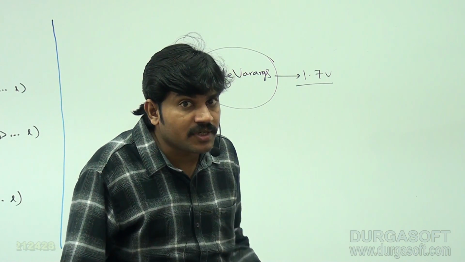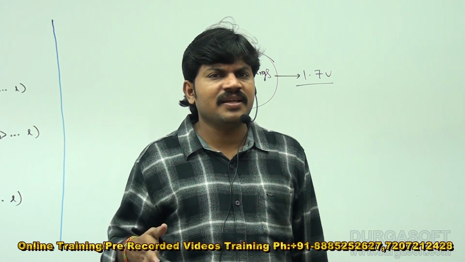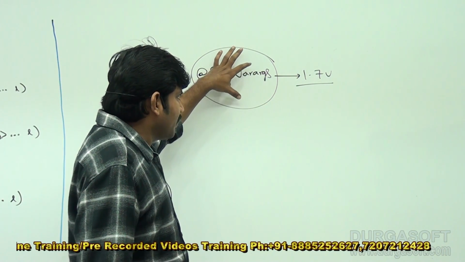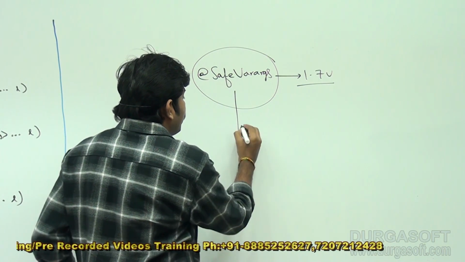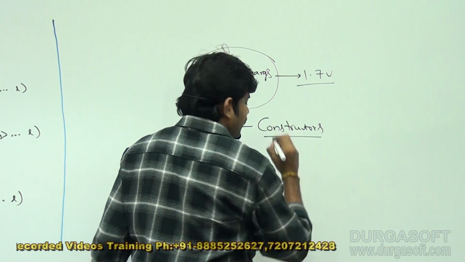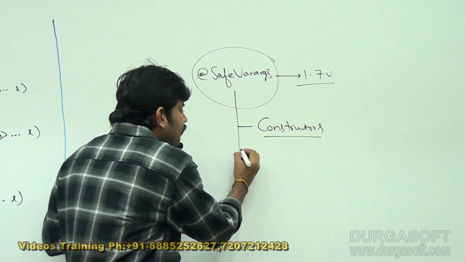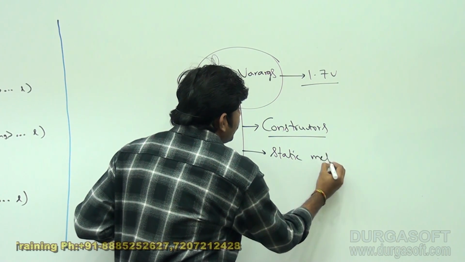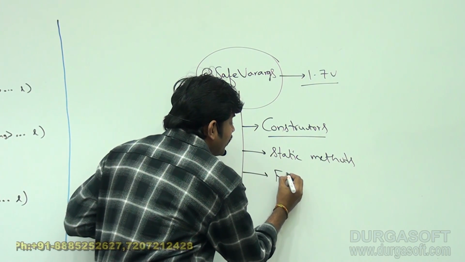This annotation came in which version? 1.7 version. Then why are we discussing the 1.9 version? The reason is, the SafeVarargs annotation that came in the 1.7 version is applicable for constructors. Happily we can use this annotation for a constructor with a VARARG parameter, happily we can use it for static methods, and we can use it for final methods.